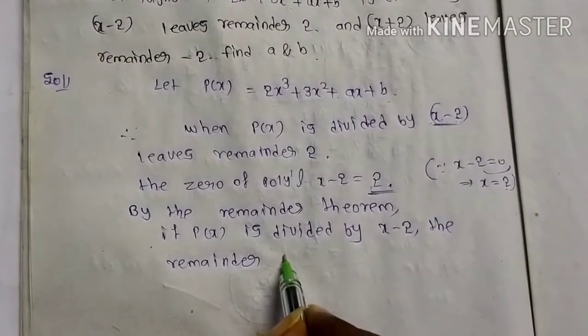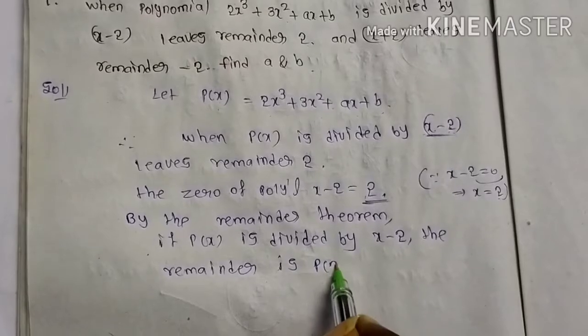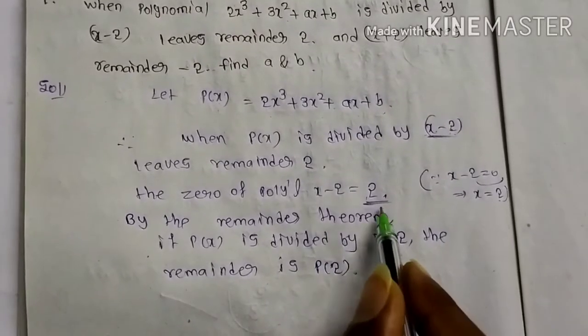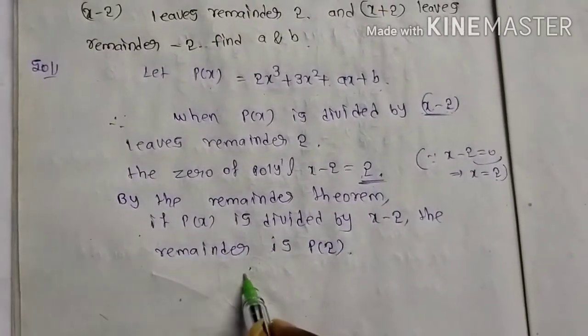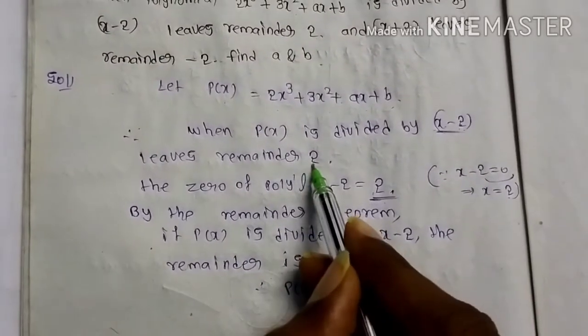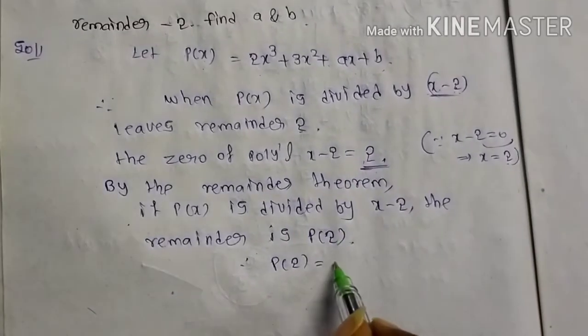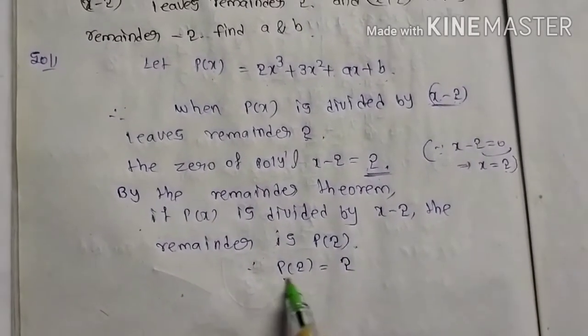The remainder is p of 2. Yes or no? That is the remainder is how much? p of 2. But you know that therefore p of 2 is equal to how much? Already they mentioned as per the given data, the remainder is 2 only. That means p of 2 is equal to, what is the p of 2 value?